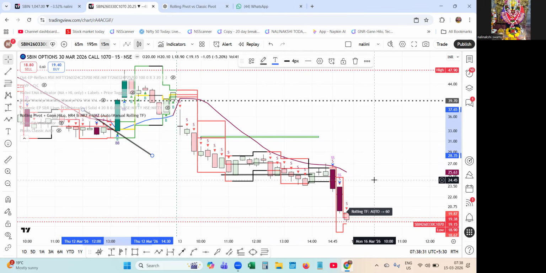Even without thinking too much, it is like a visual language of the market. Your eyes immediately understand the market mood. This reduces decision fatigue, which is very important.